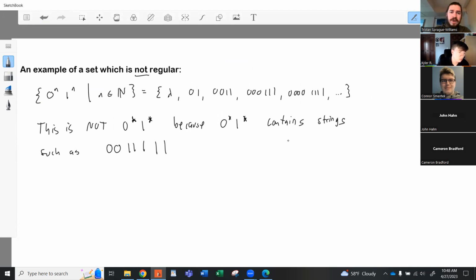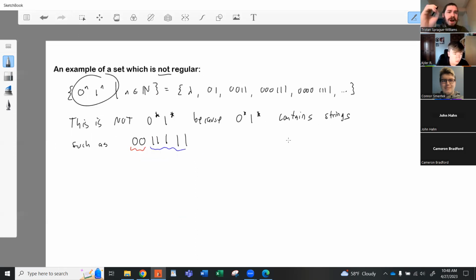The number of zeros need not equal the number of ones in the 0 star 1 star regular set. That makes sense? Those are not the same thing.